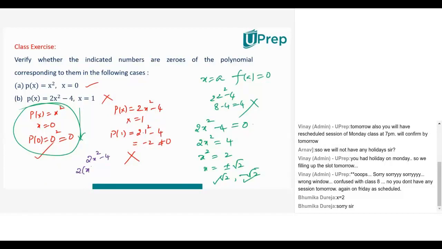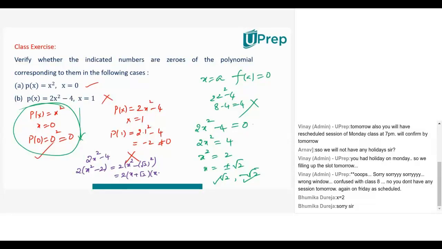So 2 times x square minus 2, and I'll write 2 as root 2 whole square. Is the term inside the bracket not in the form a square minus b square? That is x plus root 2 into x minus root 2.